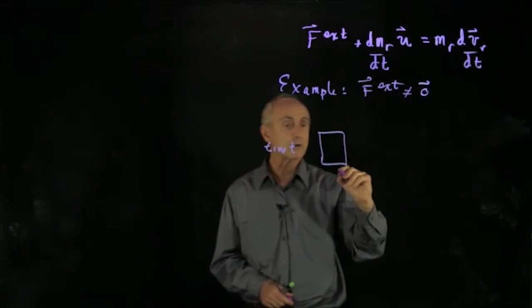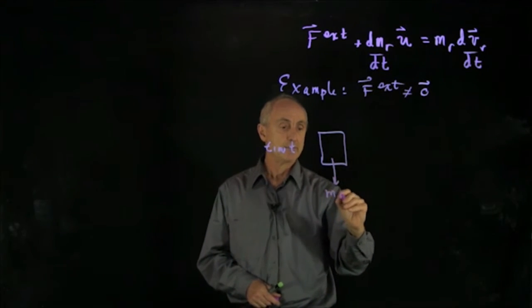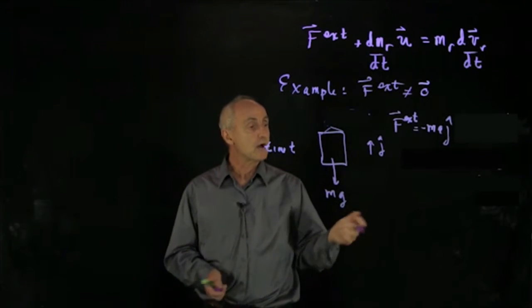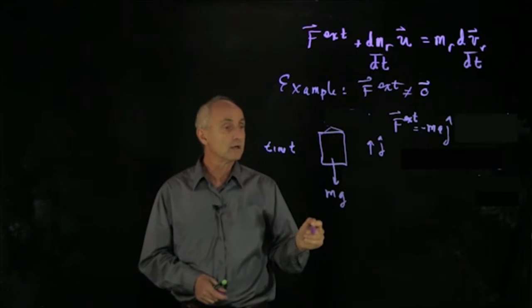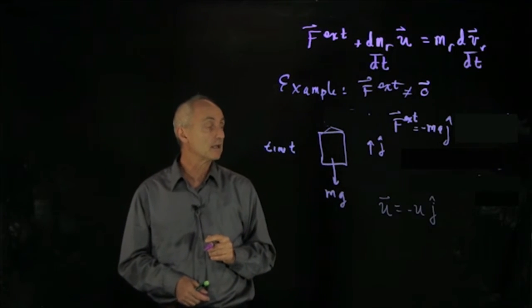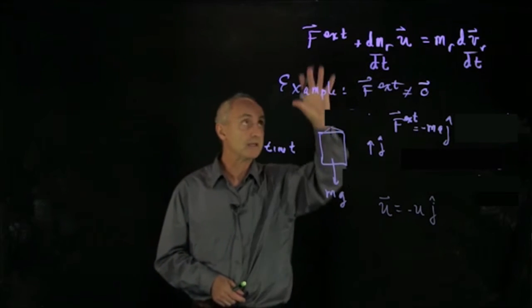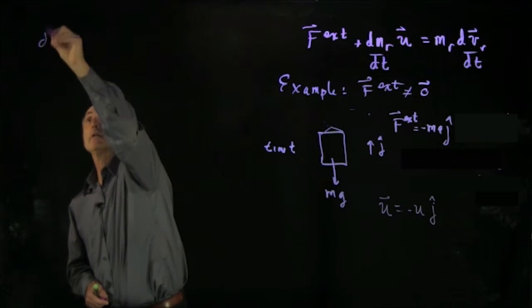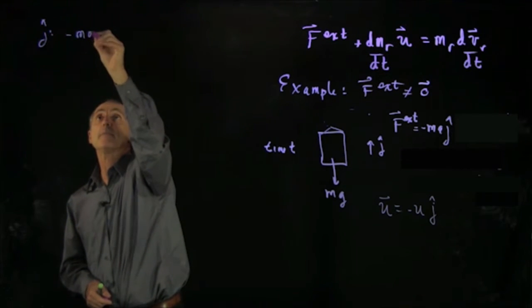Well, we have a gravitational force, mg. So we're going to choose j hat up. So now what does our rocket equation look like? We wrote the exhaust velocity as minus u j hat. And so if we write this now as a vector equation in the j hat component, we get minus mg.